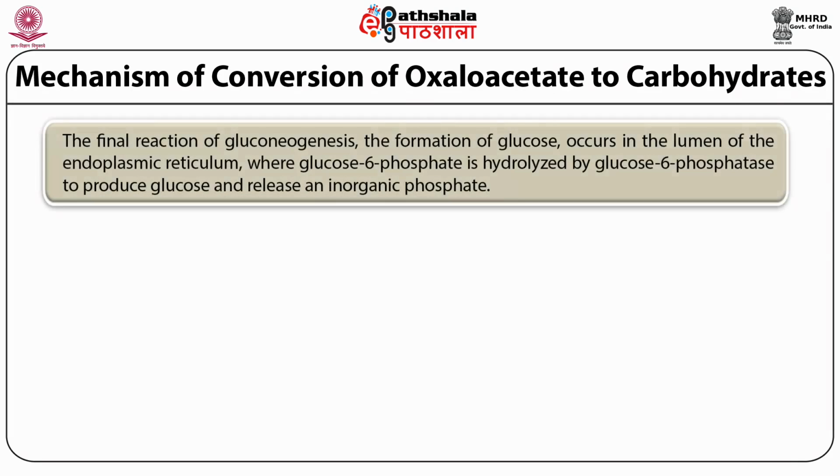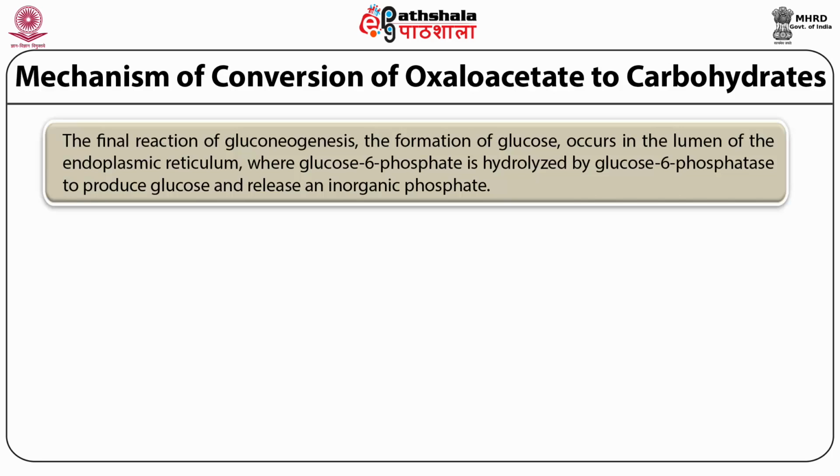The final reaction of gluconeogenesis, that is, the formation of glucose, occurs in the lumen of the endoplasmic reticulum, where glucose 6-phosphate is hydrolyzed by glucose 6-phosphatase to produce glucose and release an inorganic phosphate.